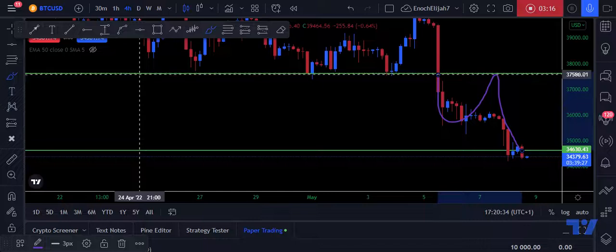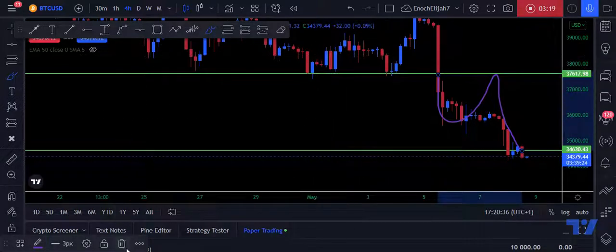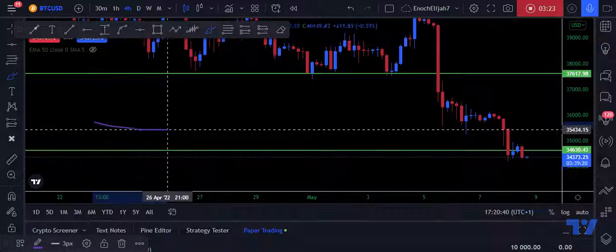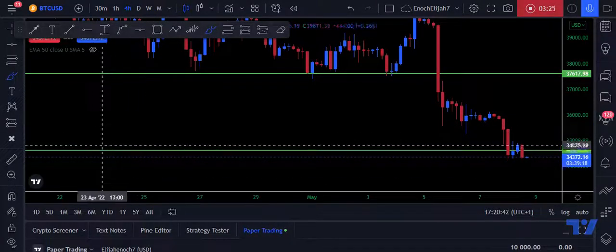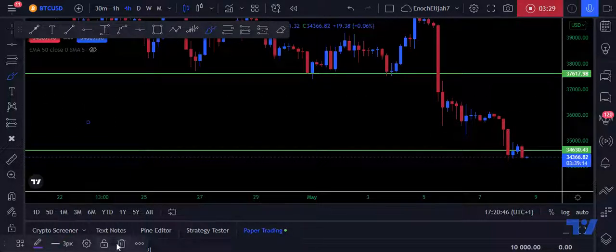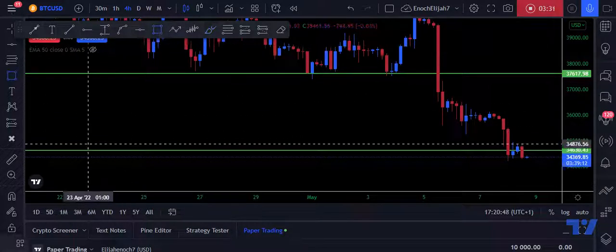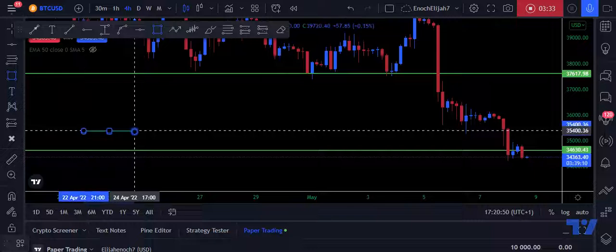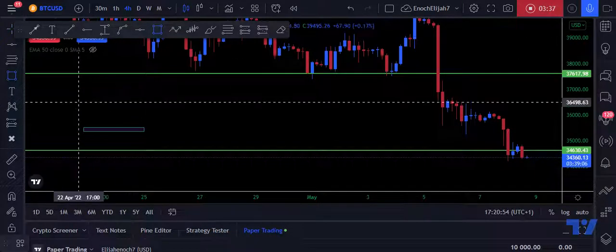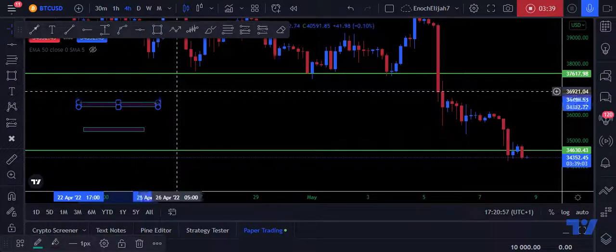Let's say this is zone A, and this is another zone, and another zone.